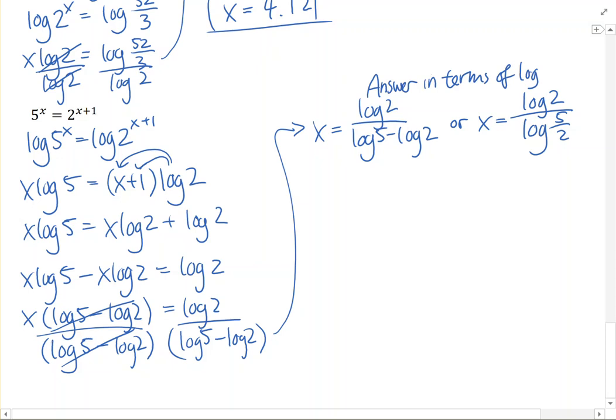But if I want an actual number, you'll need to, again, punch it into your calculator. So that's log 2 divided by log 5 divided by 2. And that will give you, again, to the nearest hundredth, 0.76. Okay? And that's it for exponential and logarithmic equations.